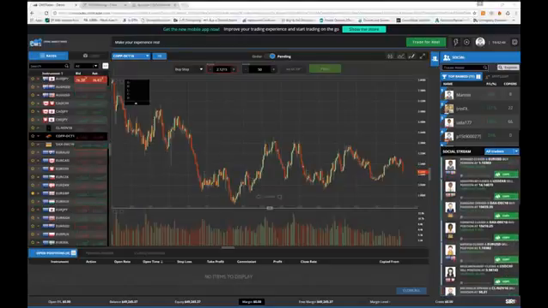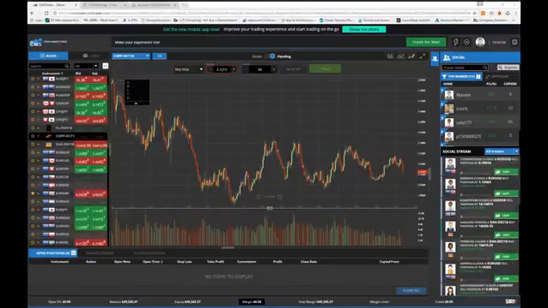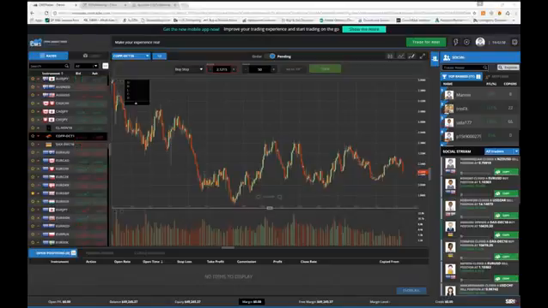And this is why I went over protecting yourself and putting your stops in. It's very, very crucial that you have stops in. So if you identified a nice pattern that you've seen in the past and has worked a few times, you have to make sure that you put a stop in, because obviously these patterns turn, they switch.